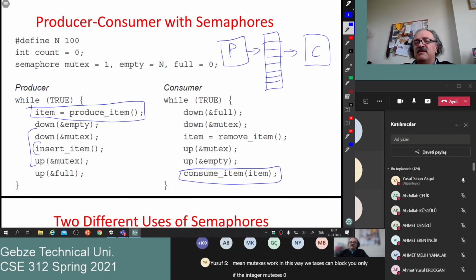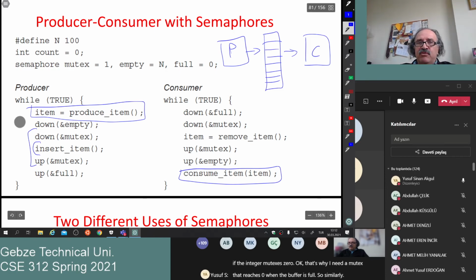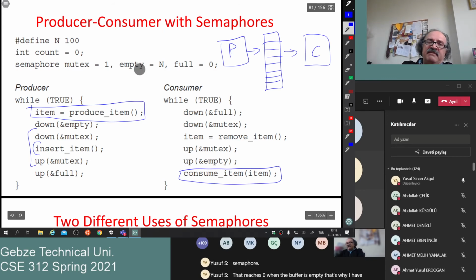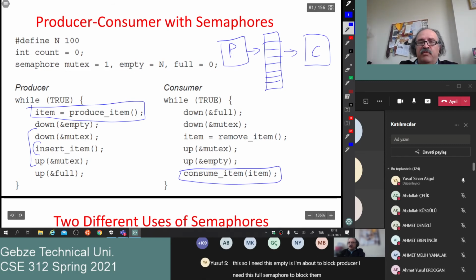That's why I need a semaphore that reaches 0 when the buffer is empty. So similarly, to be able to block the producer, I need a semaphore that reaches 0 when the buffer is full. That's why I have this. So I need this empty semaphore to block producer. I need this full semaphore to block the consumer.